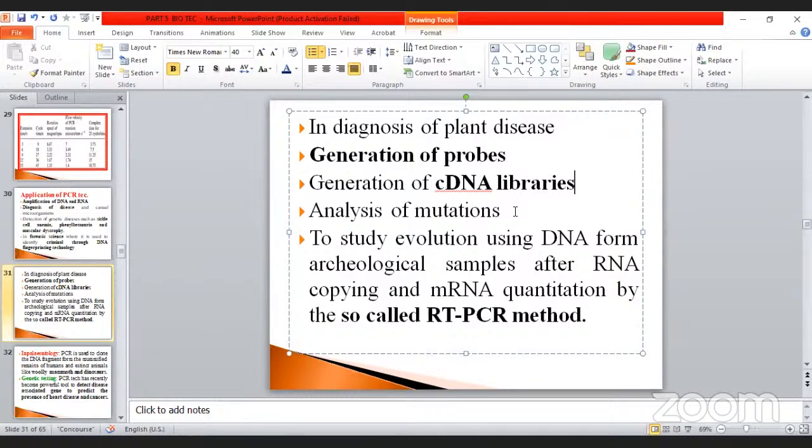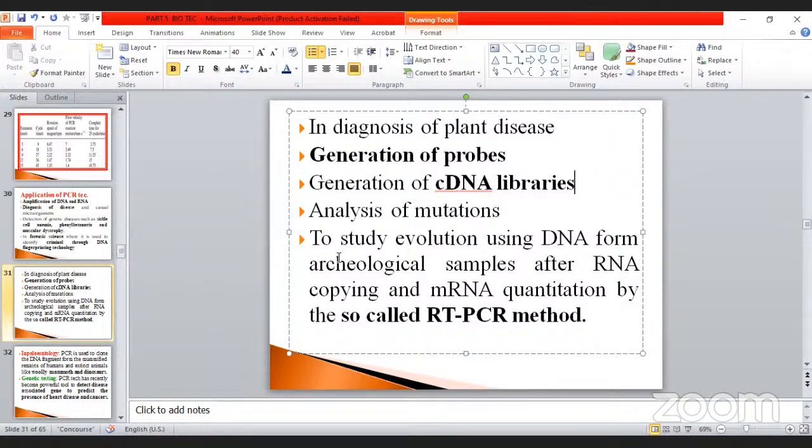Which gene is responsible, and which DNA molecules may be deleted, added or substituted, like that we may analyze. Okay, so that is also mutation. What is mutation? Already studied. Sudden changes occur in physical, chemical and biological properties. As a result, the DNA molecules undergo sudden changes. Okay, so that is also one of the evolutions.